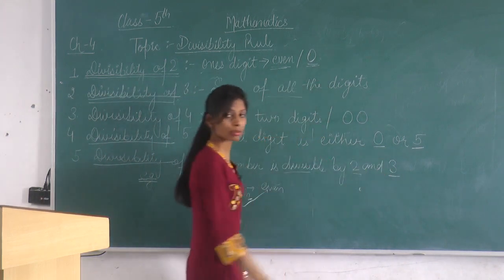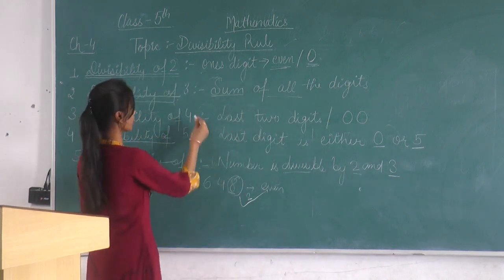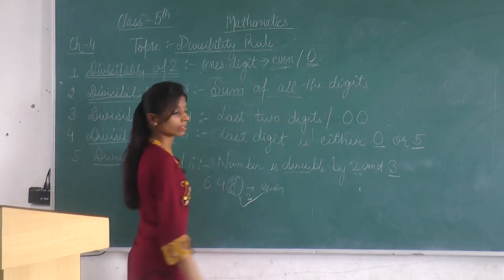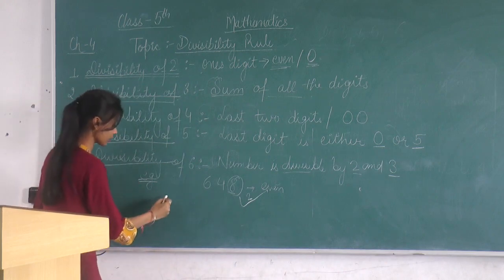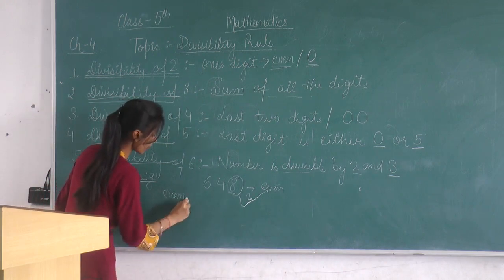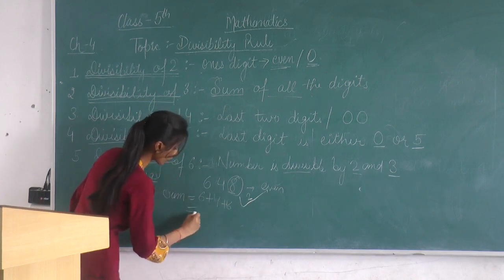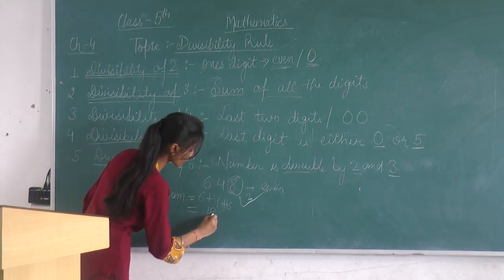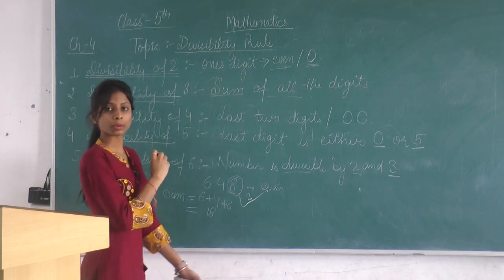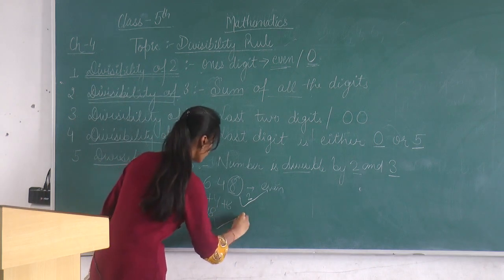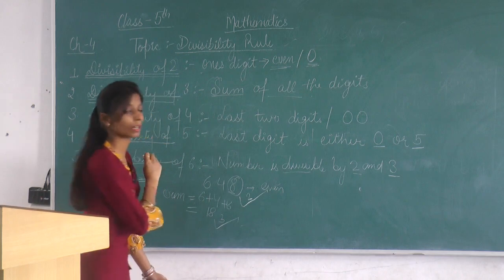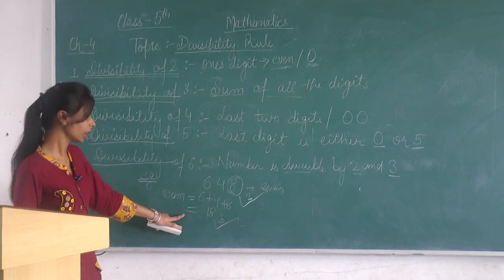Divisibility by 3 also we have to check. What is in that rule? Sum of all the digits. If we sum up 6 plus 4 plus 8, what comes? 6 plus 4 is 10, 10 plus 8 is 18. As we already know, 18 goes on the table of 3, so this number is also divisible by 3.